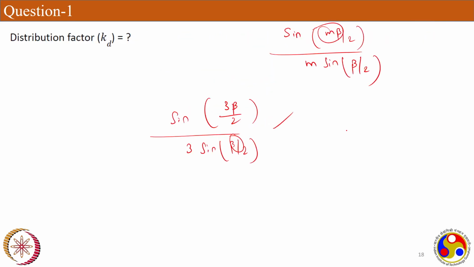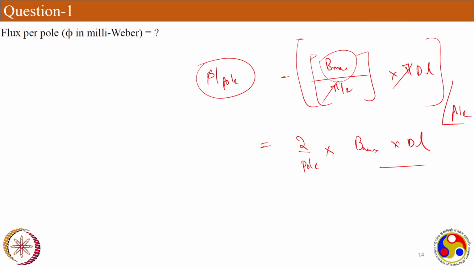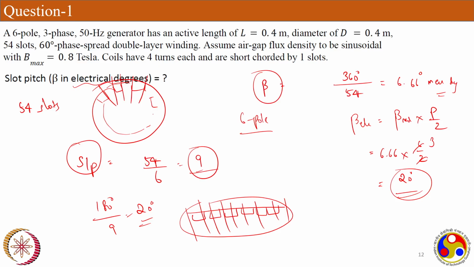The phase spread is given at the start of the question. Now 60 phase spread and 6 poles. How many coil groups will there be for 60 phase spread, with slots per pole per phase?